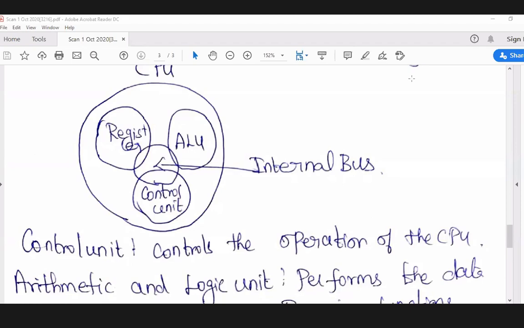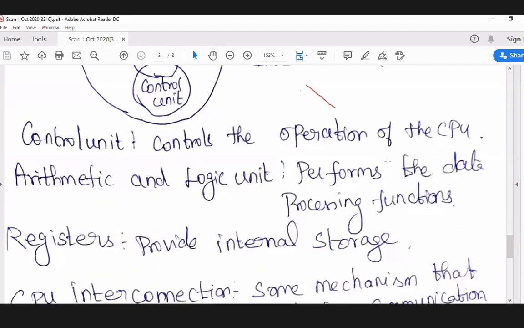It controls the operation of the CPU. Arithmetic and logic unit performs the data processing operation. Registers provide internal storage. Now CPU interconnection is some mechanism for providing communication. Okay. And next we are going to discuss about control unit.